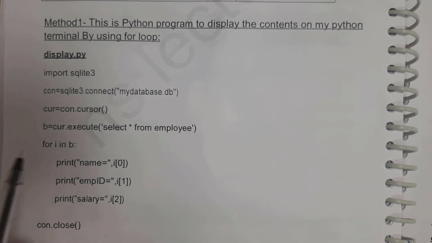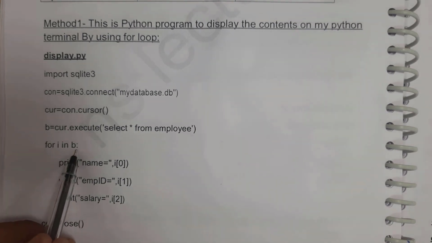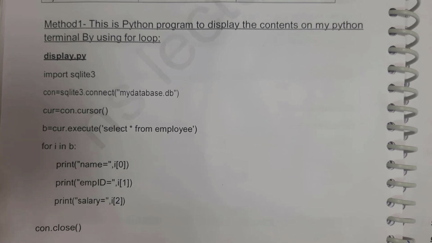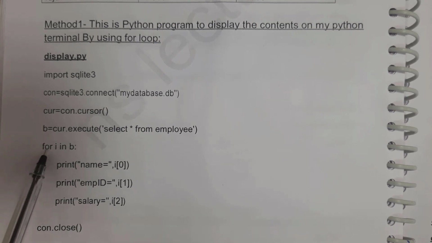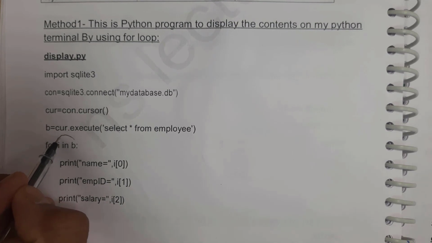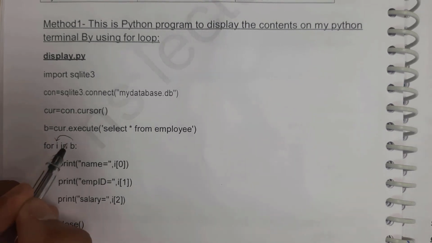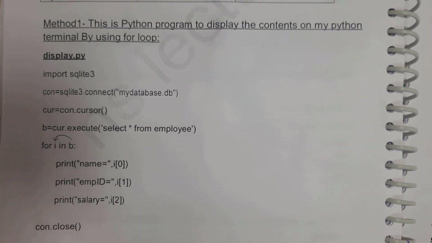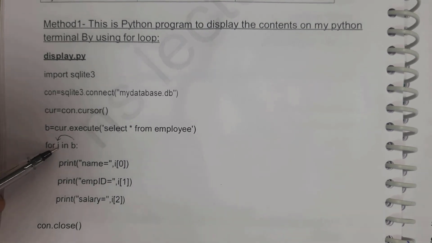And next I took here for loop, for i in b. Now this b contains the complete employee table data. So whatever data is present in variable b, whenever I write for i in b, this data is transferred from variable b to i. Now variable i contains the complete employee data.